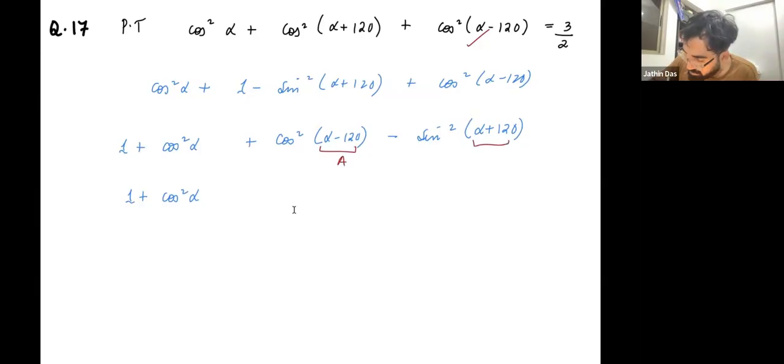A and this is B. A plus B क्या आएगा? 2 alpha. And A minus B, cos 240 आता है ना?